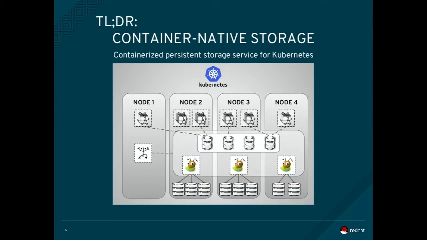Okay, so this is the super compressed version of what this is all about, the TLDR. We're talking about containers. I will be detailing a little bit on that in the guise of the Kubernetes orchestration system. So you usually have a cluster of nodes.